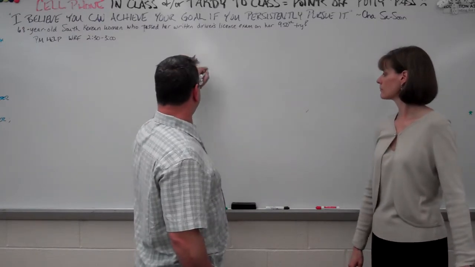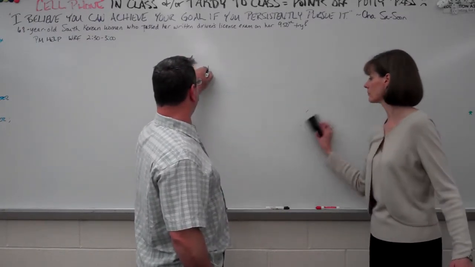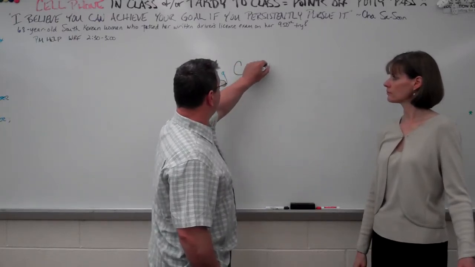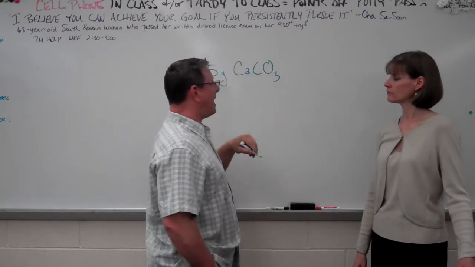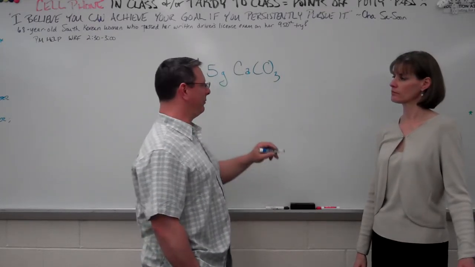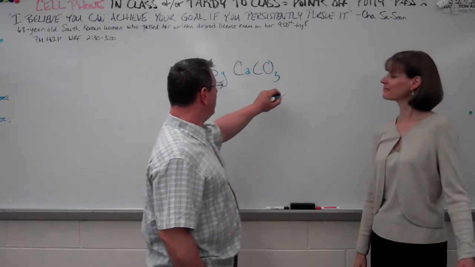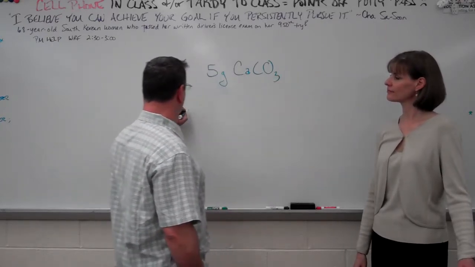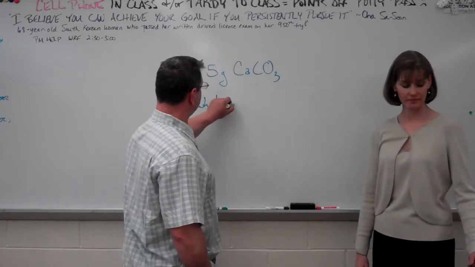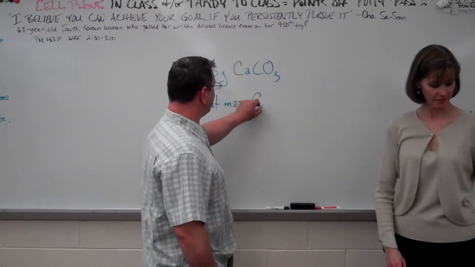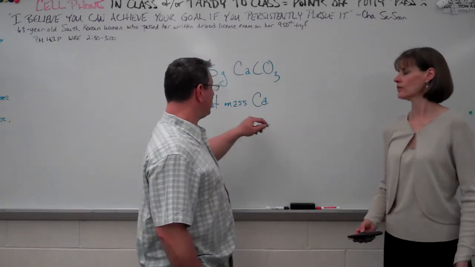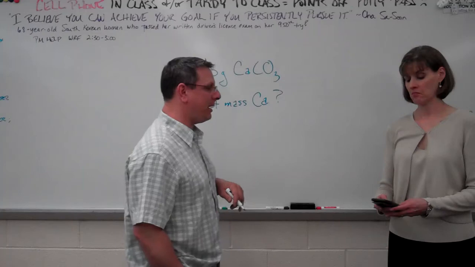Let's say we give you a sample of 5 grams of calcium carbonate. And I want to know, as the test writer, what is the mass of calcium I ought to be able to get out of this compound.